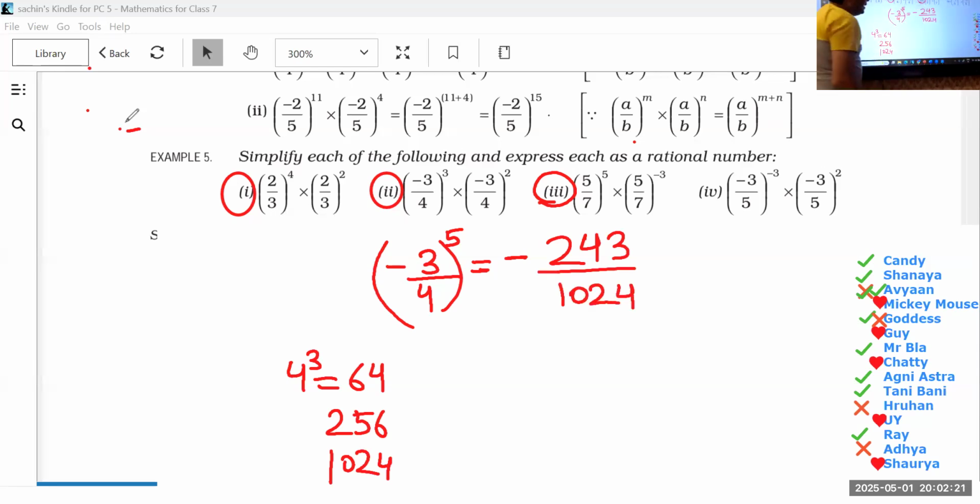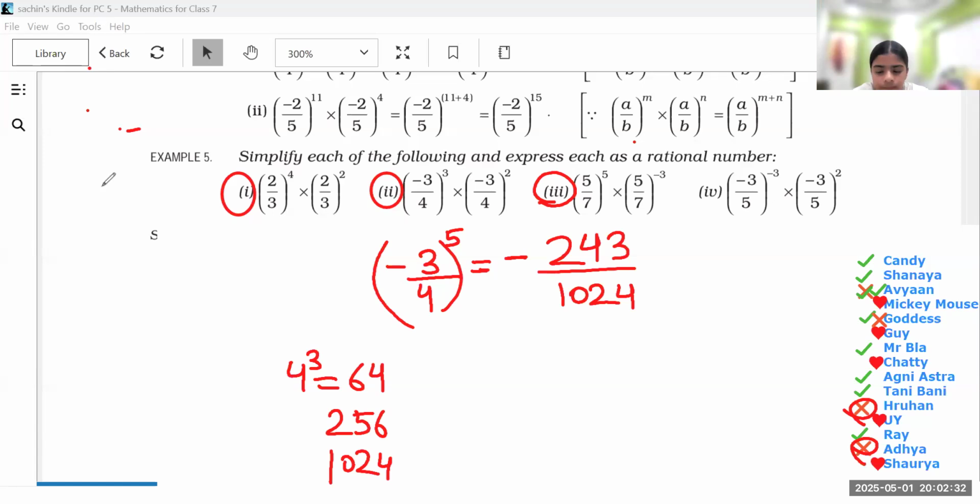So Ruhan Arora, any doubt in the second question? Ruhan Arora and Adya, any doubt in the question? No, sir. Now let's go to the third question. For doing the third question, what do I have here?